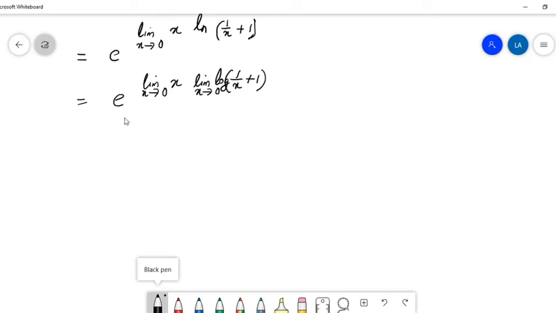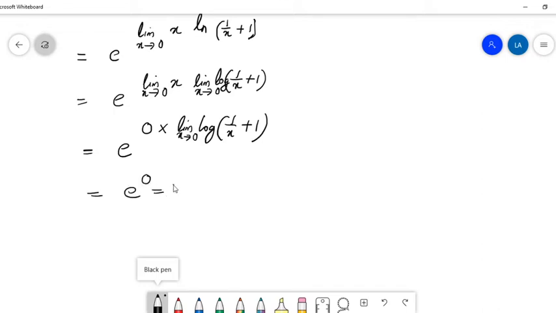Okay. So that is equal to e raised to 0 into limit x tends to 0 log of 1 by x plus 1, which is equal to e raised to 0, which is equal to 1.